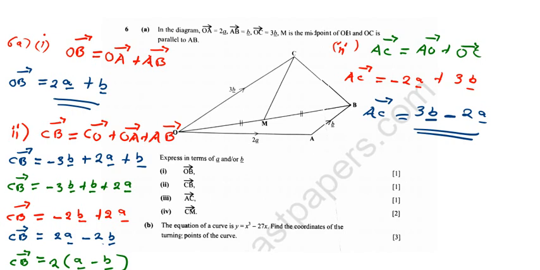So let's solve our last part, which is part 4. Part 4 wants us to find the CM. Let me just clear this part so that I get some space. So we find our CM.